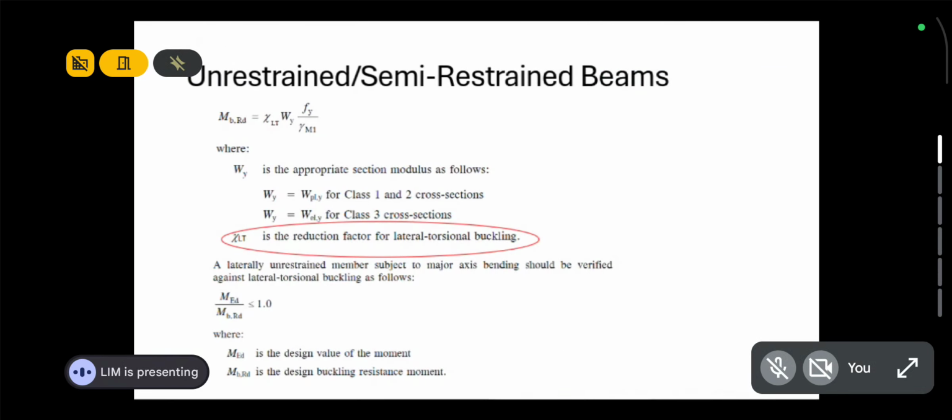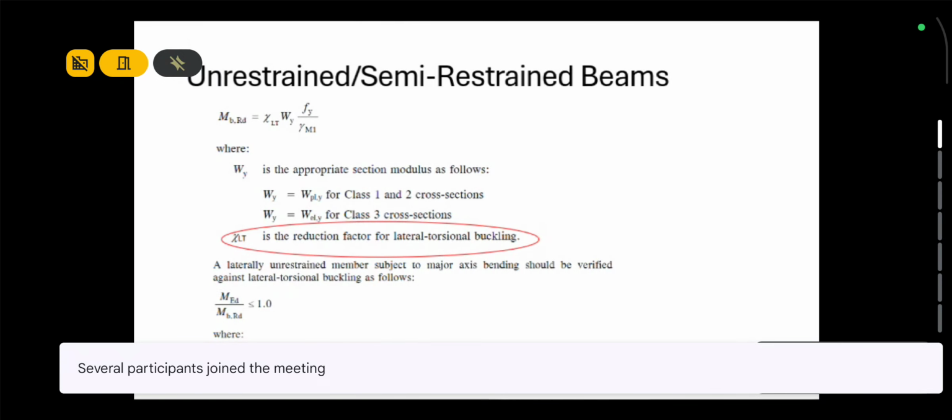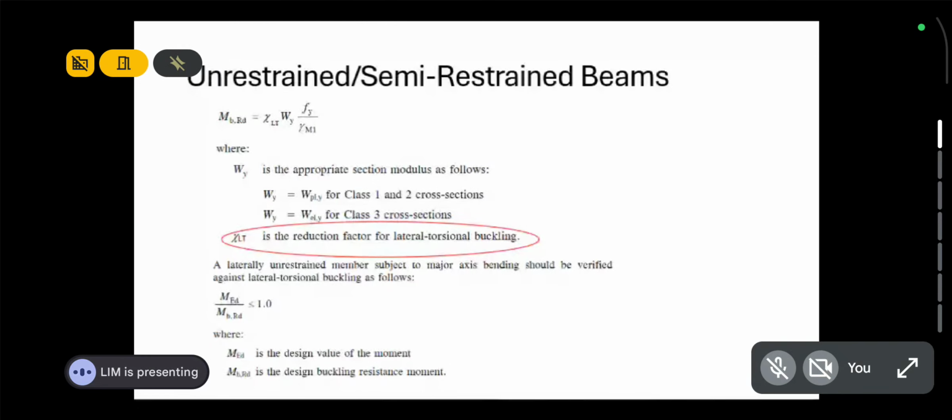So for that you will need to skip to slide number 11. So the slides that I shared with you earlier, I told you before, it's not complete. So I have a new set of slides now, which is complete for beam design.